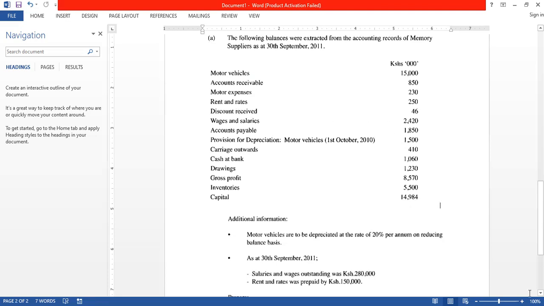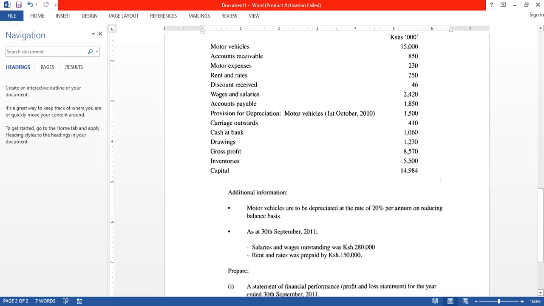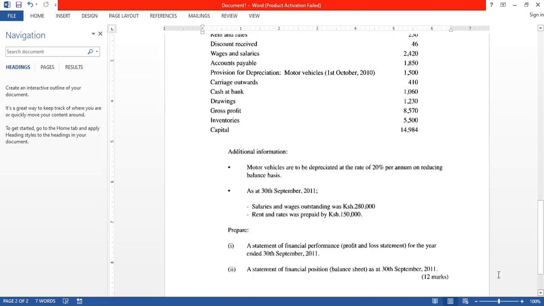What we are required to do in this question is two statements. One is the statement of financial performance. It is the same as the income statement, the same as the profit and loss, so that we can determine the net profit or loss. The net profit or loss that we get from statement number one is going to be added to capital in the statement of financial position.